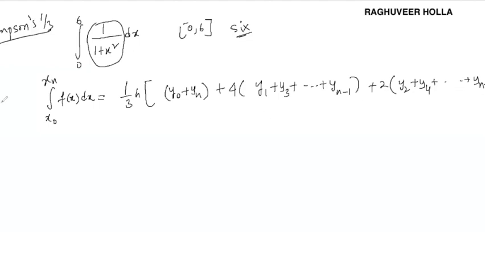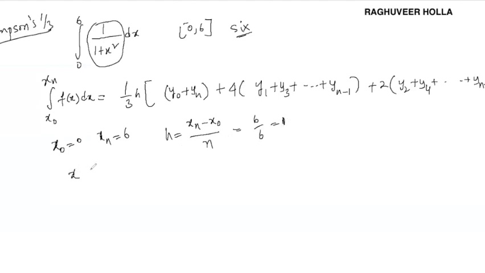Here there are 6 equal parts, so x naught is 0 and xn is 6. So h is xn minus x naught divided by n, which is 6 by 6, which is 1. So the interval is 1.